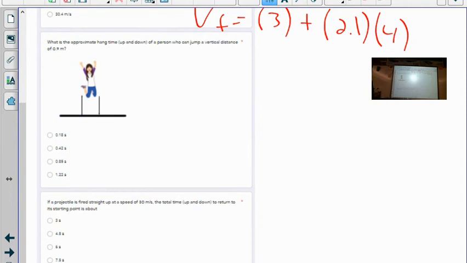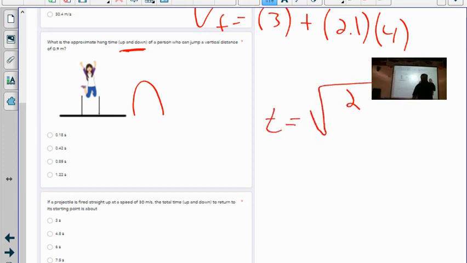For this one, what is the approximate hang time up and down of a person? You have to recognize that she goes up and down, okay? And you're looking for the total time up and down. How long did it take? So we're going to use our formula T equals the square root of 2D divided by G. Now, when we do our distance, she went up 0.9 meters.